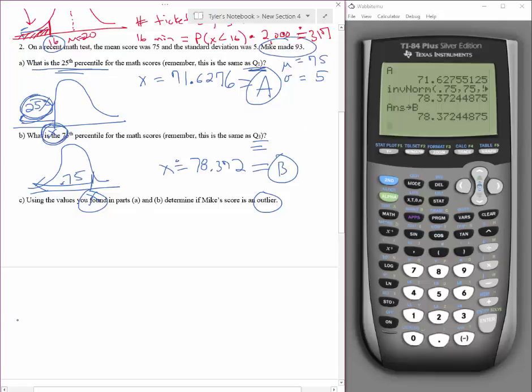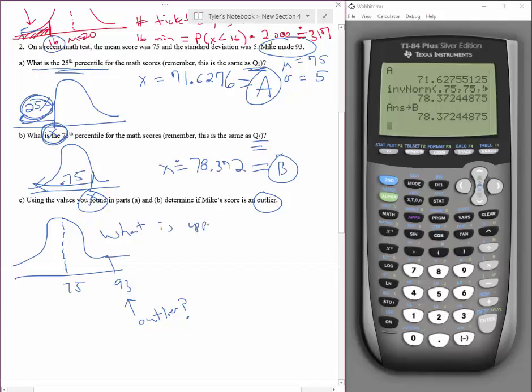If I just think about this a little bit, I have this normal distribution. Somewhere in the center here is the mean, which is 75, and Mike's score is over here, 93, right? So I want to know, is this an outlier? It would be to the right of the mean, so really what I'm looking for is the upper limit.